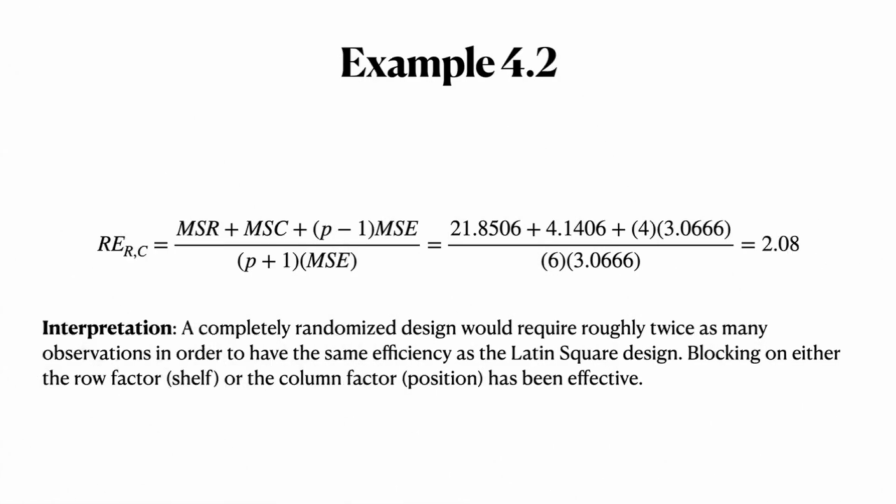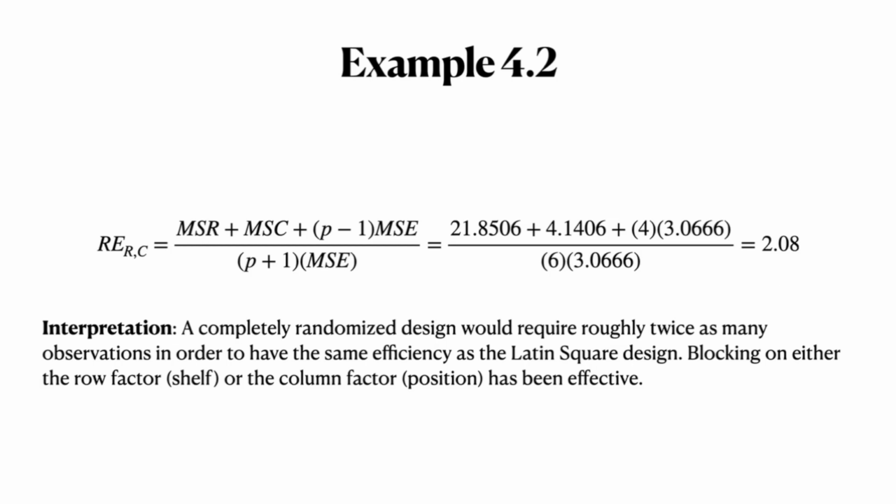To answer that first question, we calculate the relative efficiency where we are excluding both the row blocking factor and the column blocking factor, and therefore comparing the efficiency of the Latin square design to that of a completely randomized design where we have no blocking factors. That relative efficiency is 2.08.